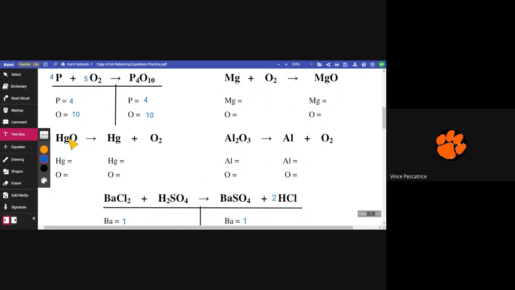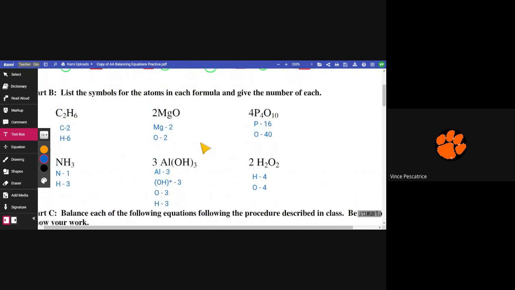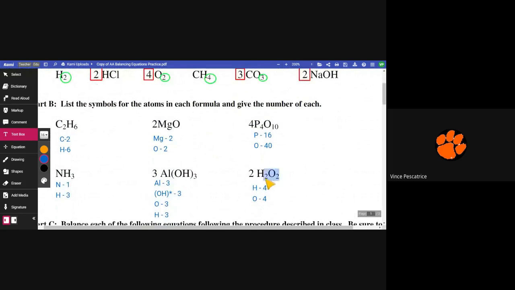If you put a 2 in the middle there, that's saying that you are now making 2 HGs. And back to chemistry, if you change the subscript, you change the whole thing entirely. Like this right here looks like water, but it's not.